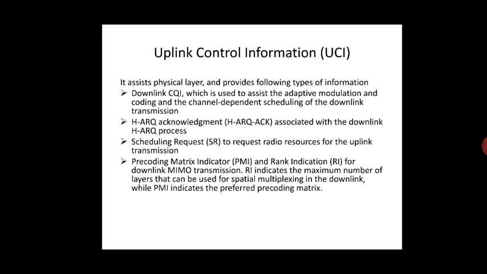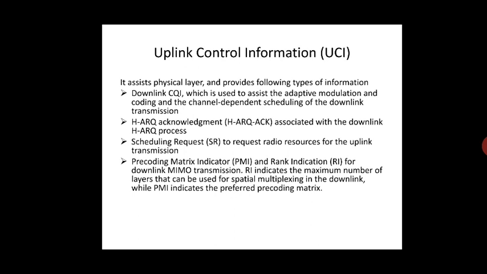Also, the precoding matrix indicator PMI and the rank indicator RI for the downlink MIMO transmission, in which RI indicates the maximum number of layers that can be used for spatial multiplexing in the downlink, while the PMI indicates the preferred precoding matrix. There is also the cyclic prefix, as we discussed in the previous class.